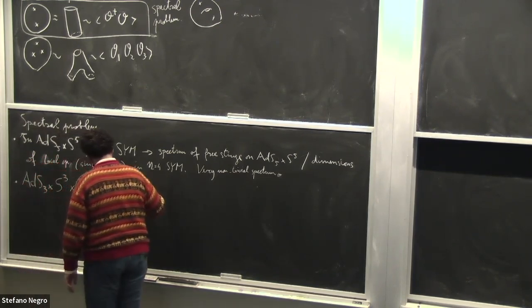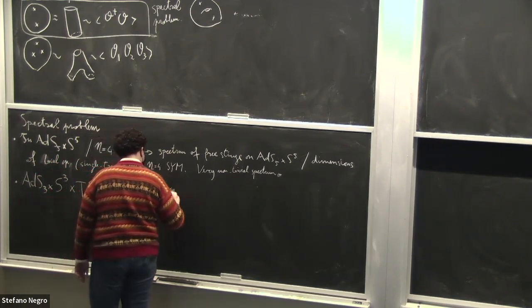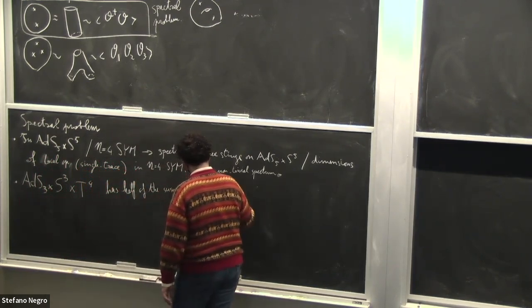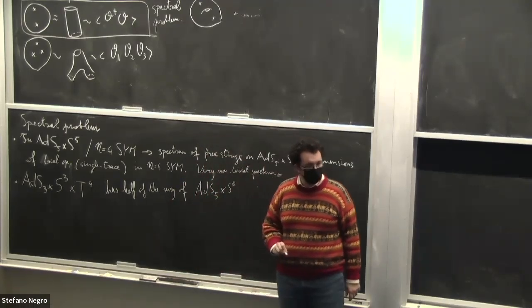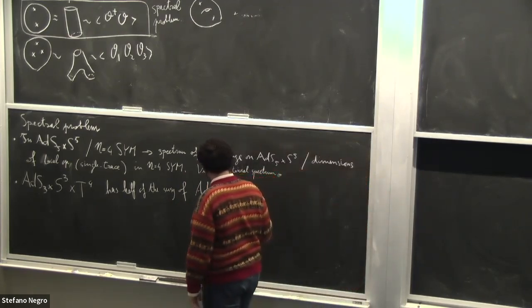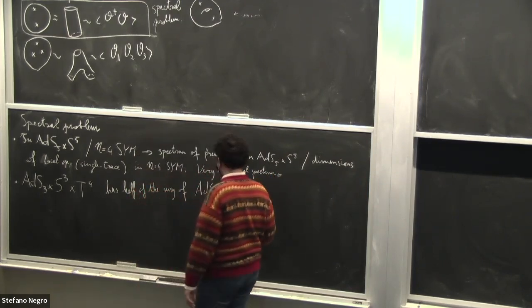has half of the supersymmetry of AdS5 x S5. AdS5 x S5 is maximally supersymmetric. It has 32 real supercharges. And AdS3 x S3 x T4 has 16 real supercharges.